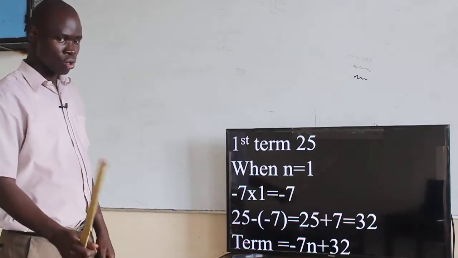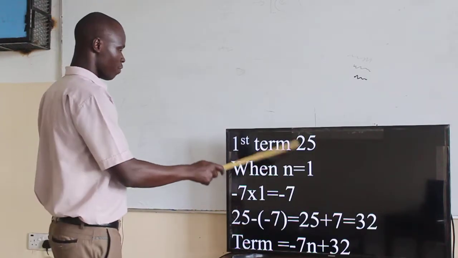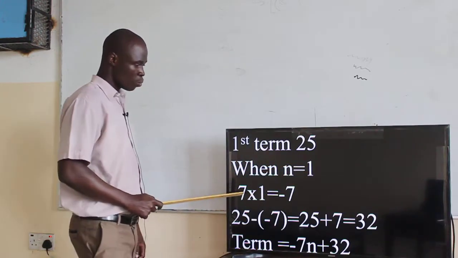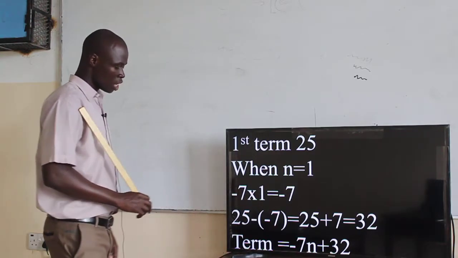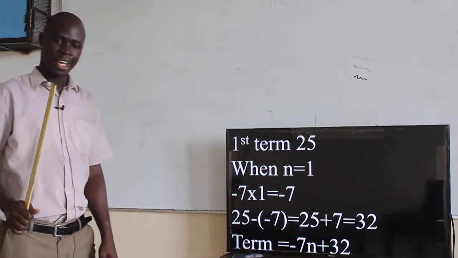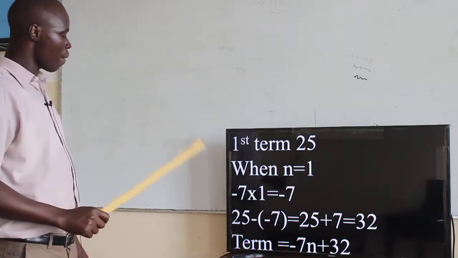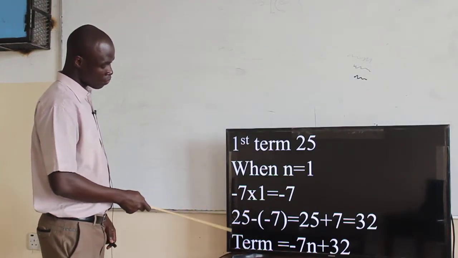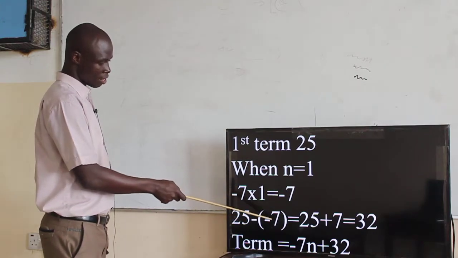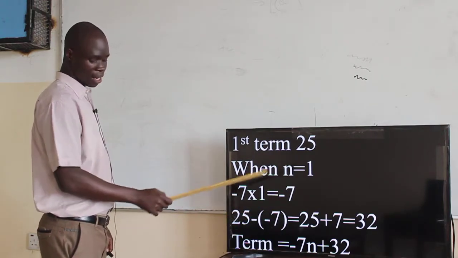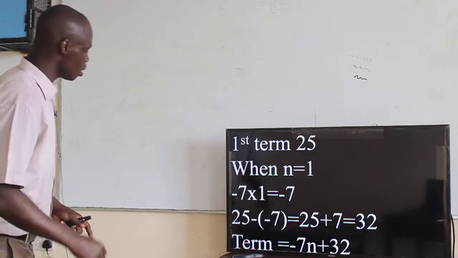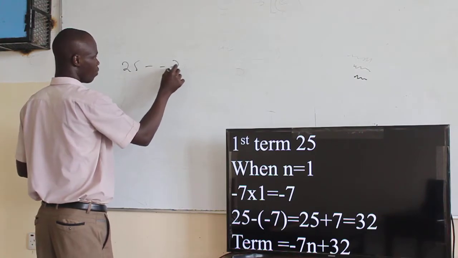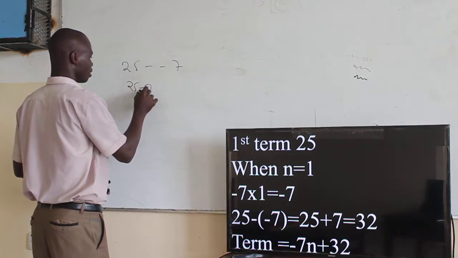Now coming here, the first term is 25. Now we want to find negative 7n when n is 1, which is going to give us negative 7. Now, what we are supposed to do is take the first term minus this negative 7. So the first term is 25, 25 minus negative 7. Remember I told you that there's a difference between 25 minus 7 and 25 minus negative 7.